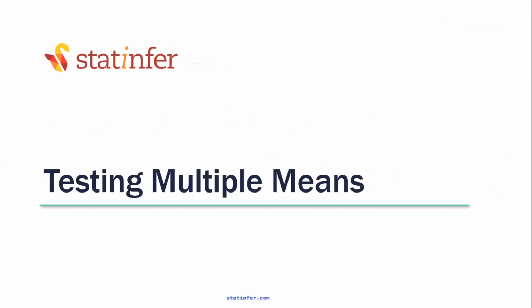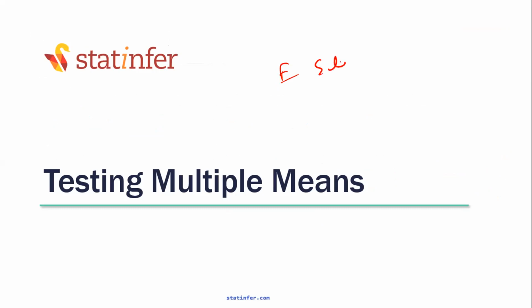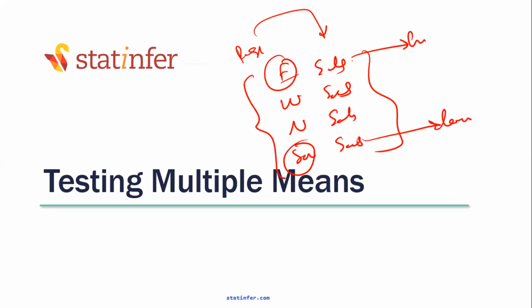If you have 4 or 5 categories, like east sales, west sales, north sales, south sales, overall, is there any impact of region on sales? In a particular region sales is high, in another it is low. Is it like that, or no matter what the region, sales is same?